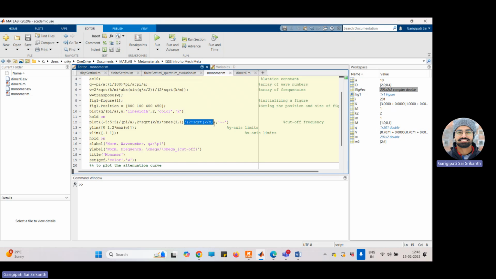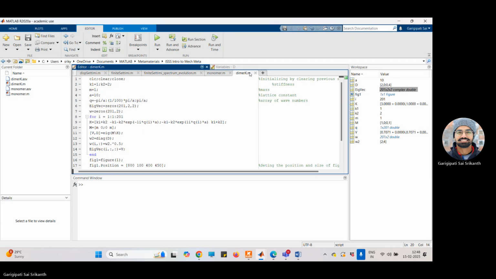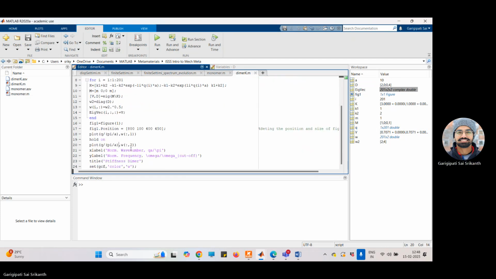Here, omega cutoff is for the stiffness case, so remember the value of omega cutoff. Let me check.